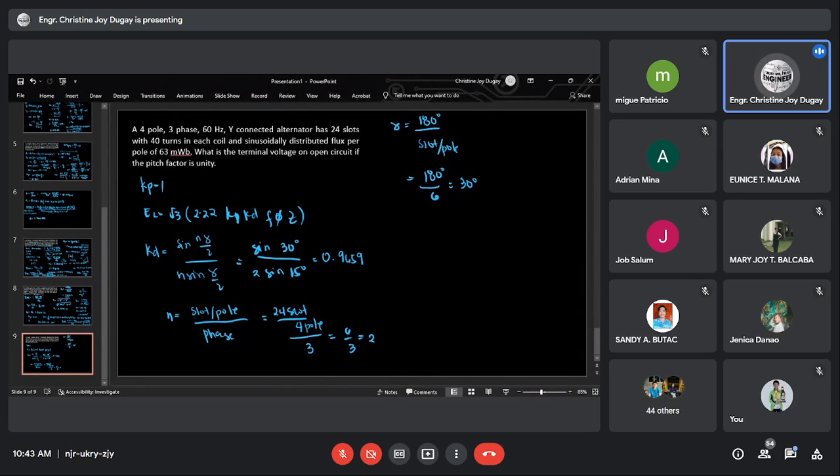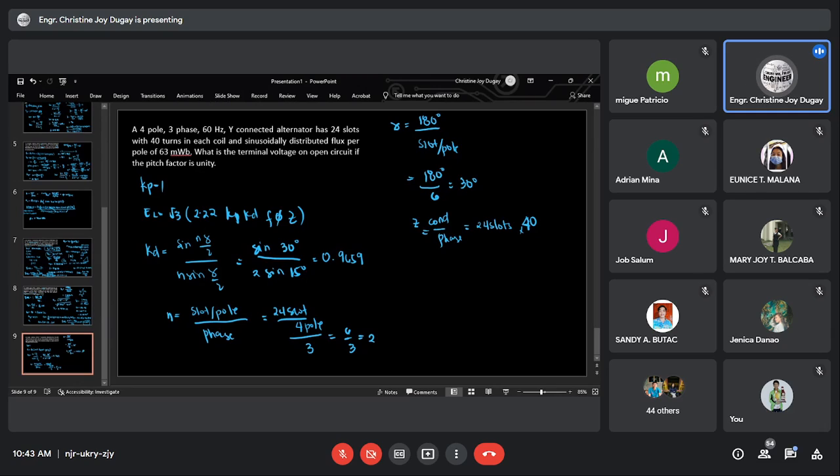Frequency, meron na tayo. Flux, meron na rin. How about the Z? Ang Z natin is conductor per phase. Yan. So anong meron tayo? Meron tayong 24 slots, no? 24 slots. And we have 40 turns in each coil.